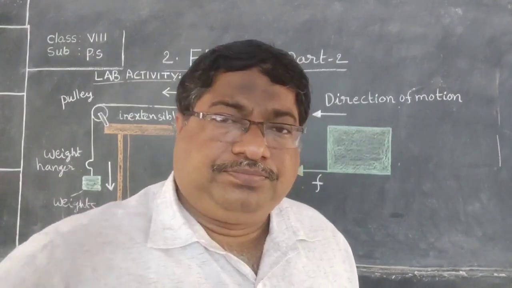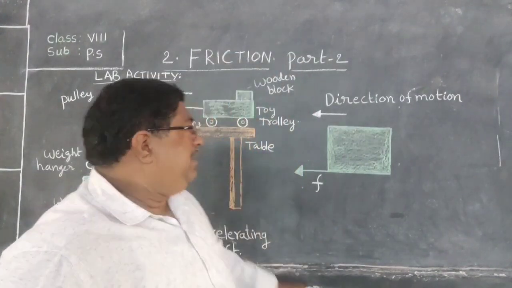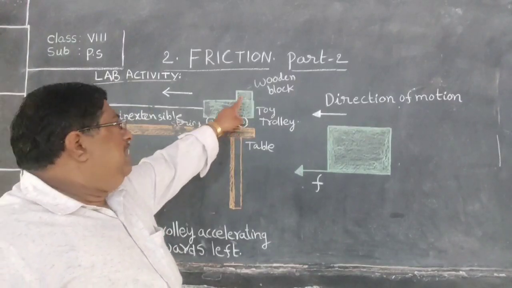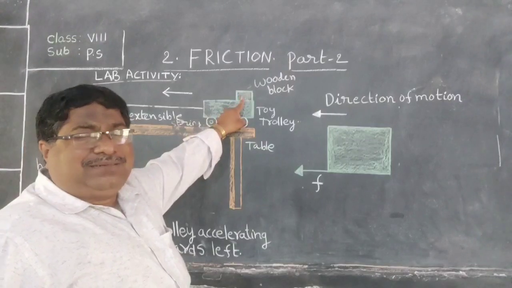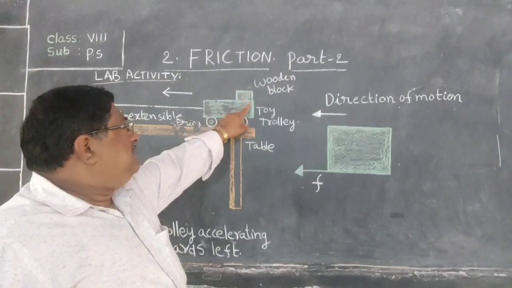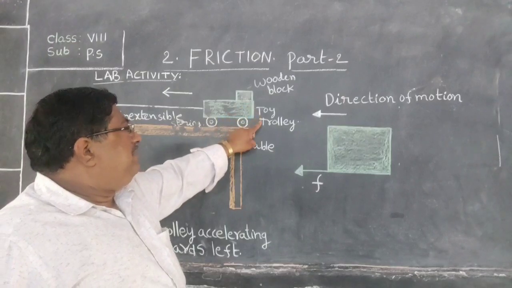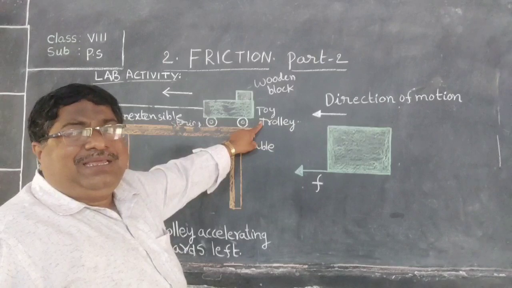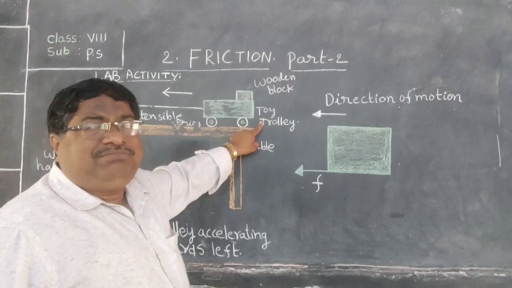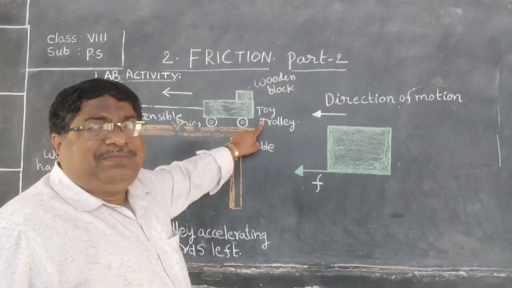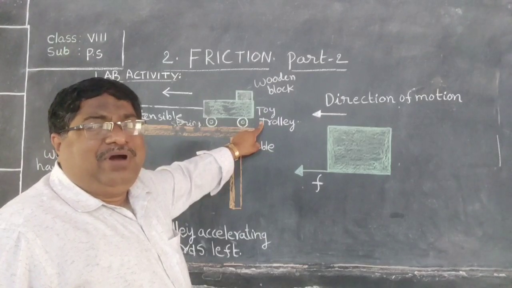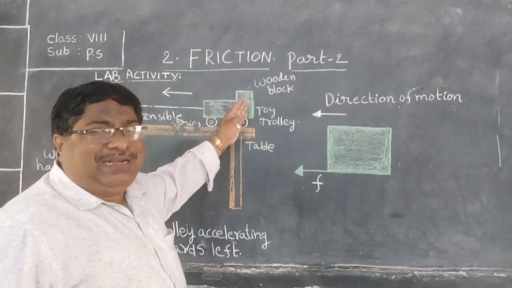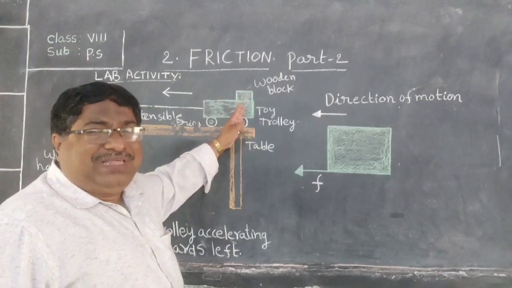See now, in this lab activity, the block is at rest with respect to the surface of the trolley till a certain limiting acceleration. Now the friction present is called static friction.